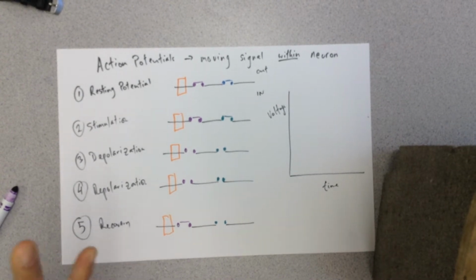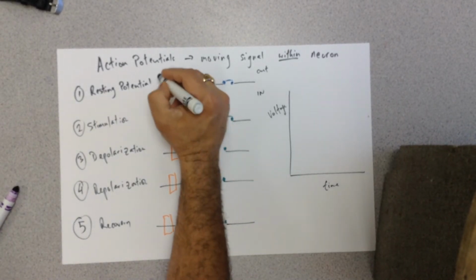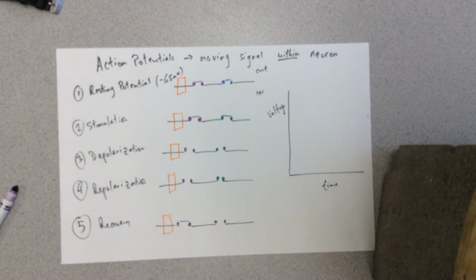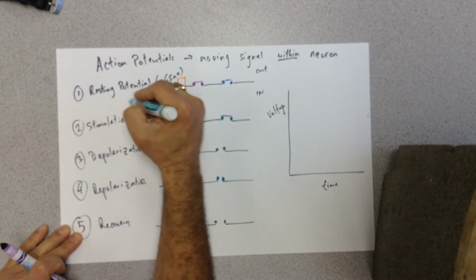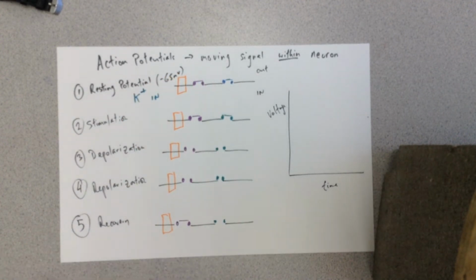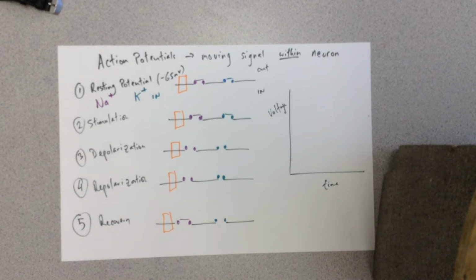Most neurons, when they are not firing a signal, are at resting potential, and this corresponds to negative 65 millivolts. And the voltage here is comparing concentration of ions, namely sodium and potassium. When we talk about resting potential, we have a concentration of potassium inside the cell, and we have a buildup of sodium outside the cell.